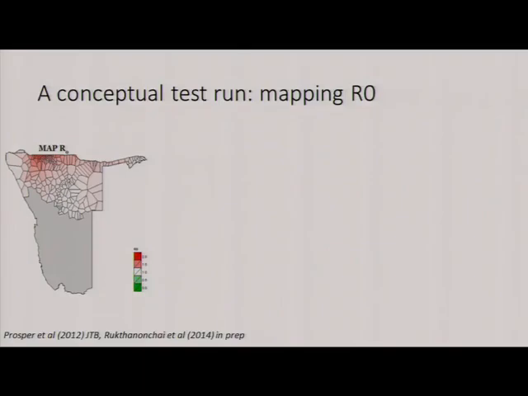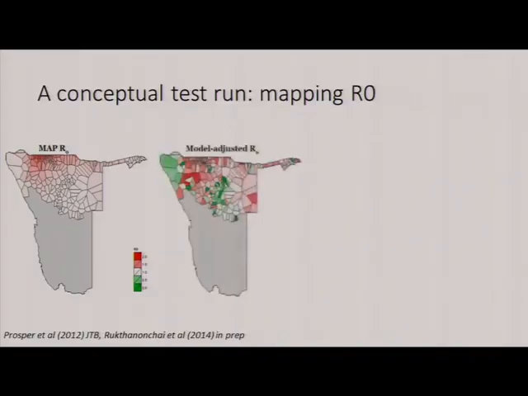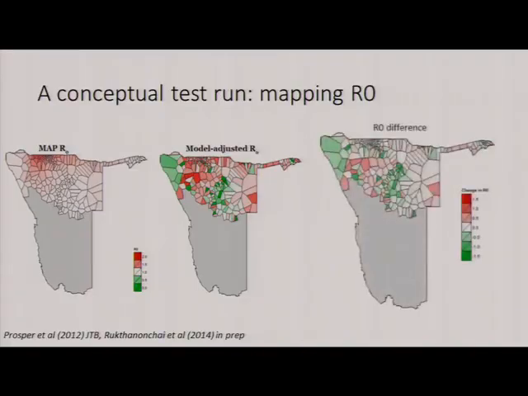So not a real representation of what's happening today, but just a conceptual test run here. If we account for mobility, we get a much more heterogeneous picture of what may actually be going on, and some of those areas may only be supporting transmission because of movement and people bringing infections in. And that difference map illustrates what we see there.